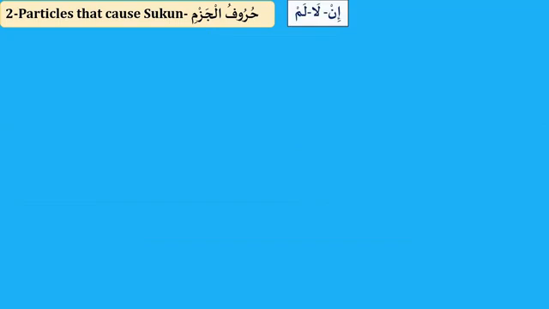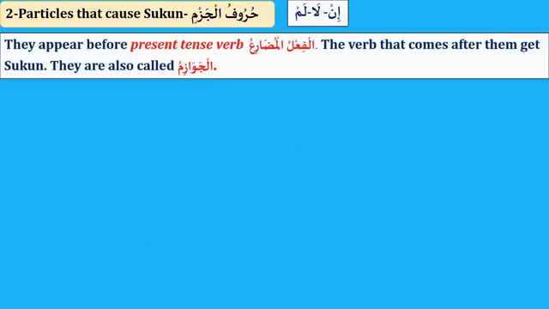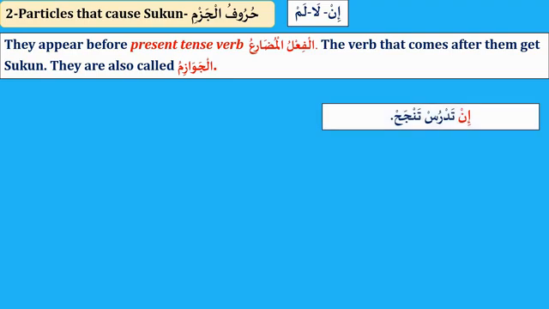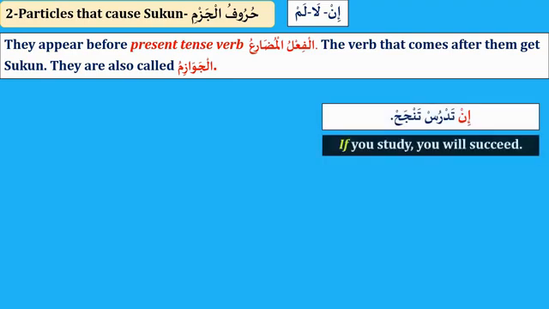And the next case is حروف الجزم, particles that cause sukun. They are in, la, and lam. They appear before the present tense verb, al-fi'l al-mudari'. The verb that comes after them gets sukun. They are also called al-jawazim. Examples: in tadrus tanjah.